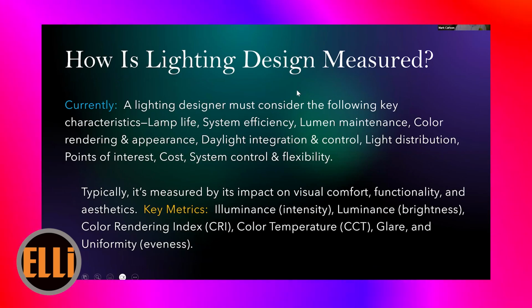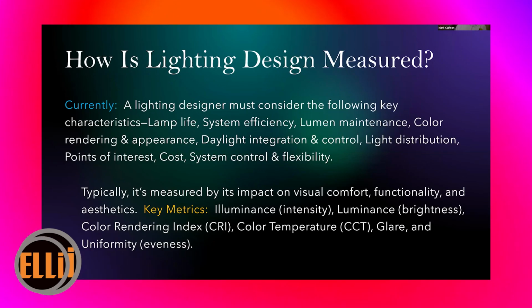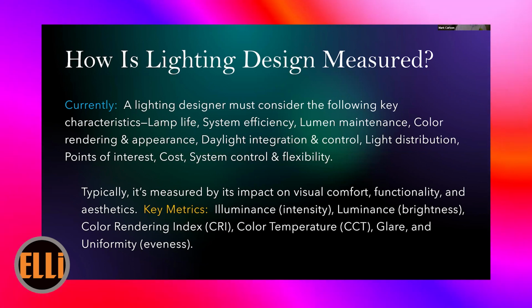Okay, how is lighting design measured? Currently, and you can see this description here, it's pretty lengthy. This is what's commonly listed when you look at the IES and these different large organizations. I'll just read it real quick in case you don't get this copy.